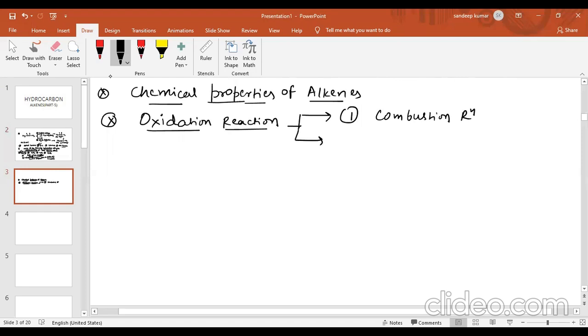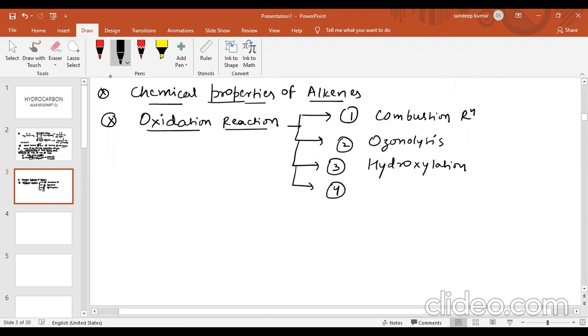The second reaction which we will study is ozonolysis. The third reaction which we will study in oxidation is hydroxylation. We will study each and every reaction in detail with numerous examples.